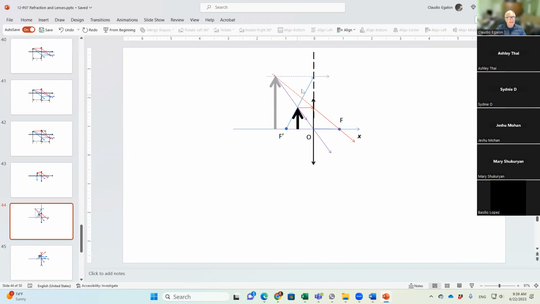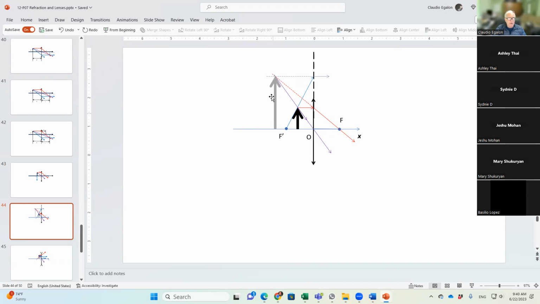Okay. Now the image is not formed behind the lens, the image is formed in front of the lens. And because it's formed in front of the lens, you get a virtual image. This image cannot be projected on a screen. And the image becomes larger.